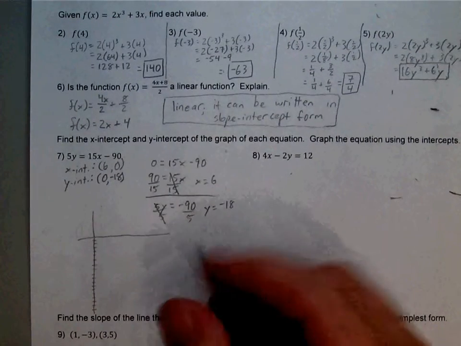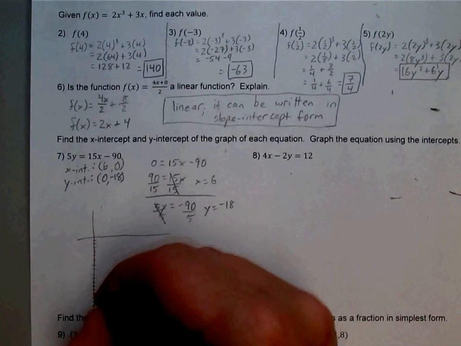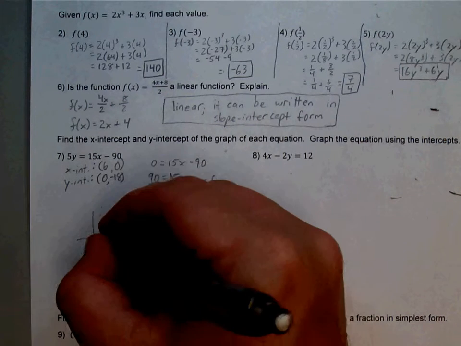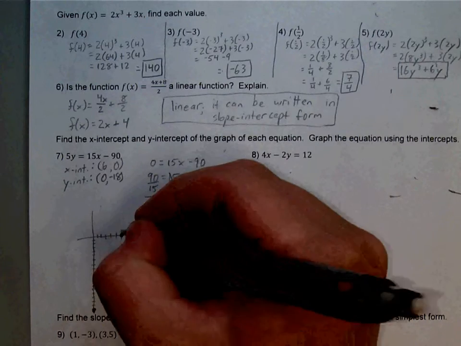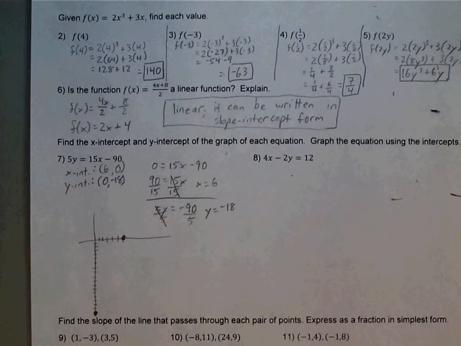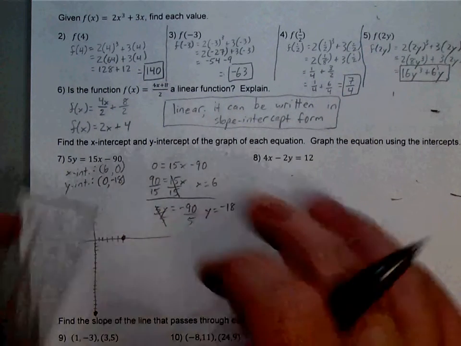Okay, then go down to negative 18 there on the y-axis. That's my y-intercept. My x-intercept is 6. And now just connect those two dots.